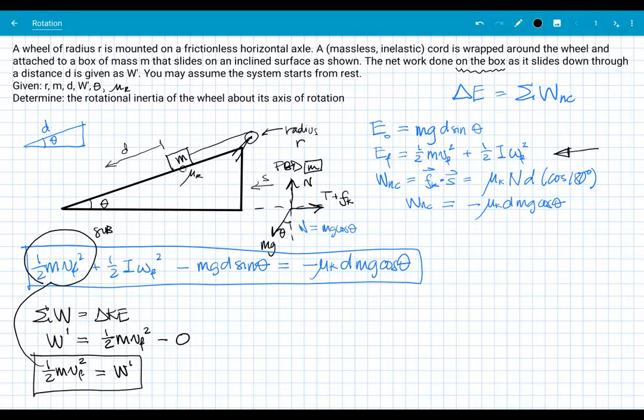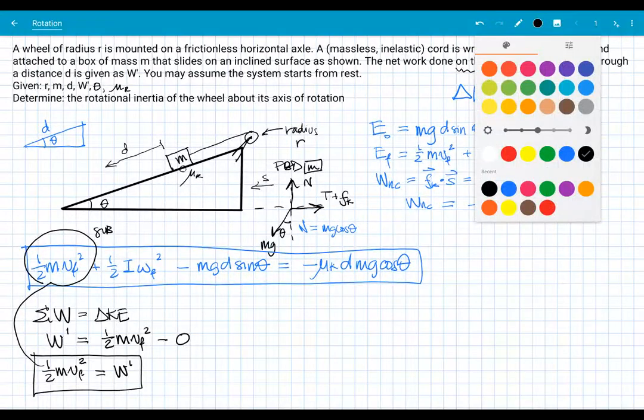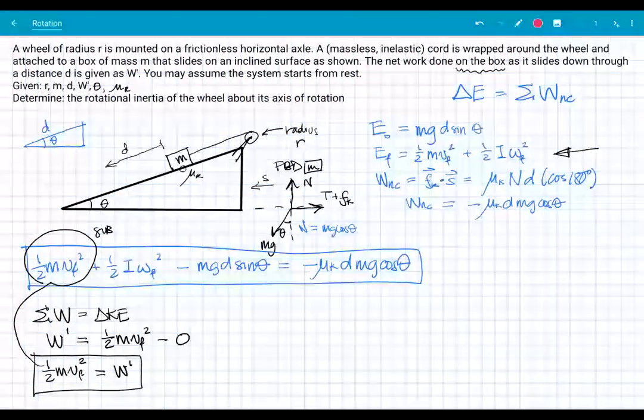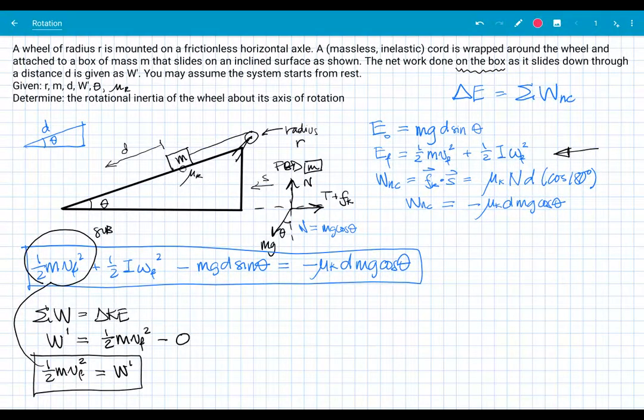So the other thing that you might be wanting to discuss is this omega. That might feel a little bit new to you, I don't know. But this omega final of the pulley, now you have to remember how omega and v relate, right? If you think about the rate at which the pulley turns, it has to relate to the rate at which the mass descends. And those are going to relate to each other through the radius of the pulley.